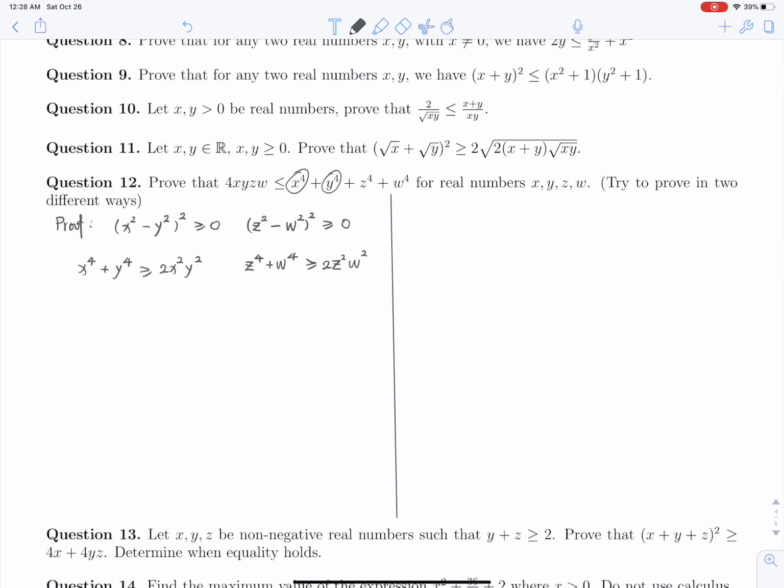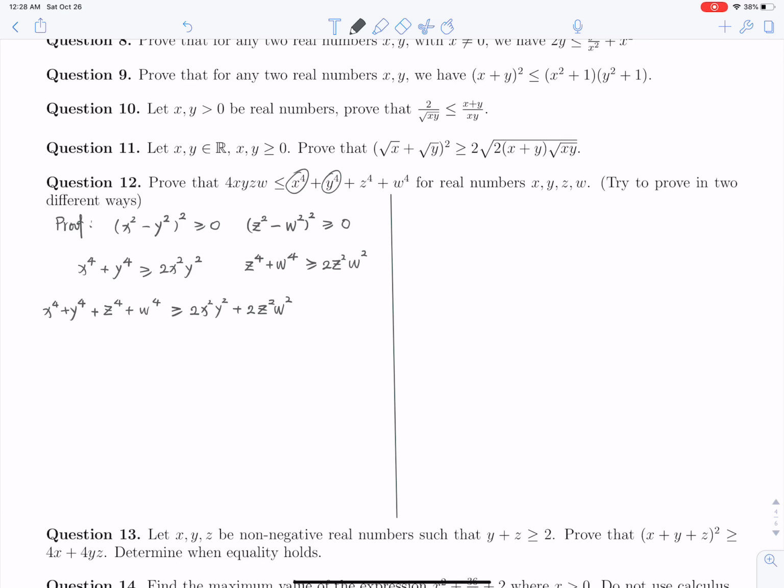Now you can add those two inequalities together. You'll get x to the 4 plus y to the 4 plus z to the 4 plus w to the 4 is greater than or equal to 2x squared y squared plus 2 z squared w squared.